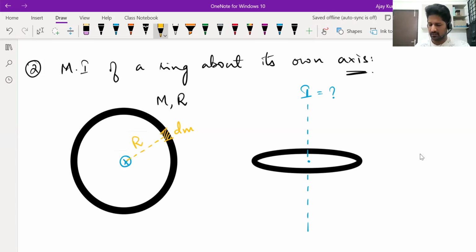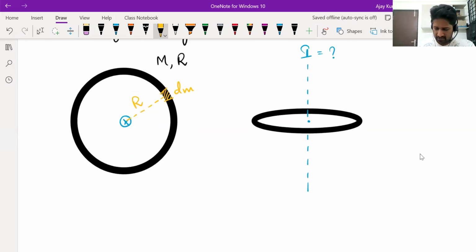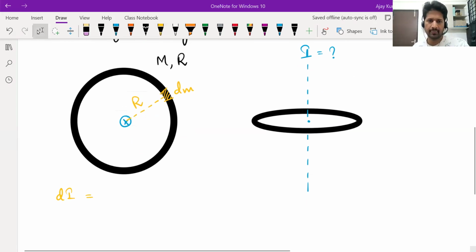Okay, fine. Then how do you express the small moment of inertia that the element contributes? What is the moment of inertia of that element about this axis? It's a point element only, no? Mass is m, distance from the axis is r. So how much moment of inertia does it contribute about that axis?